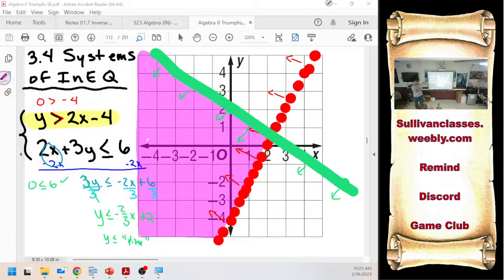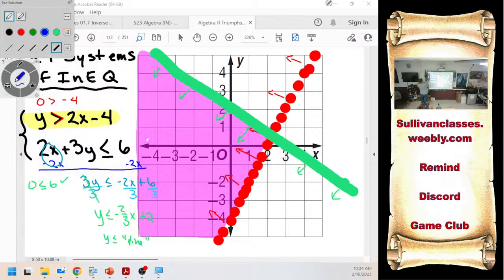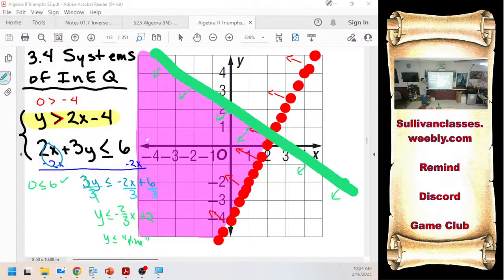So, what I want for your score here is the blue line. Did you have, I'm going to say 2 points for the blue line because you had solid or dotted, which way, the y-intercept, you also had the slope.